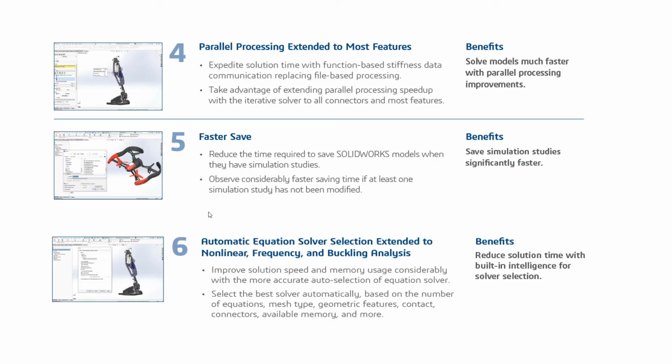And the parallel processing system will help us to solve the models much faster with parallel processing improvements. Faster save, so simultaneously you can save the results, which is significantly faster. Automatic equation solver and non-linear buckling and frequency analysis, which will also help us to reduce the solution time with built-in intelligence for solver selection. Okay, this is all about simulation.